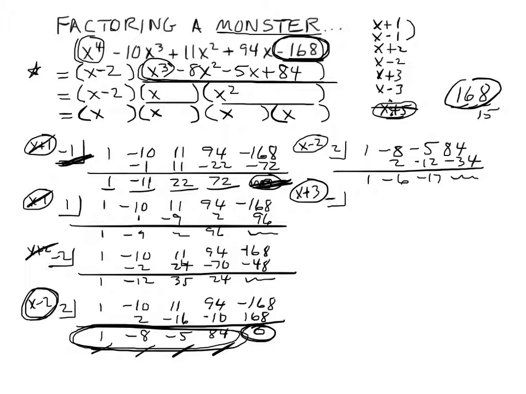which means my divisor is minus 3, into 1 minus 8 minus 5 plus 84. Bring down the 1. Minus 3 is minus 11. Minus 11 times minus 3 is 33. 5 from 33 is 28. 28 times minus 3 is 60 and 24, 84.